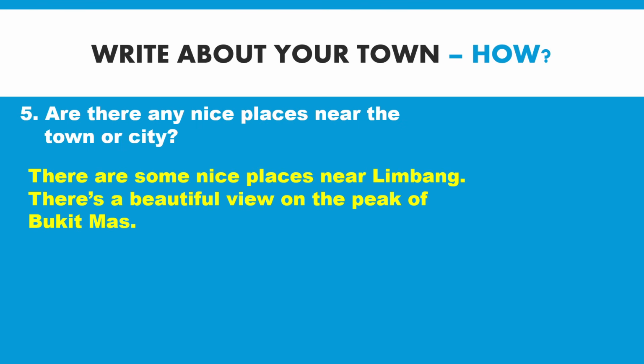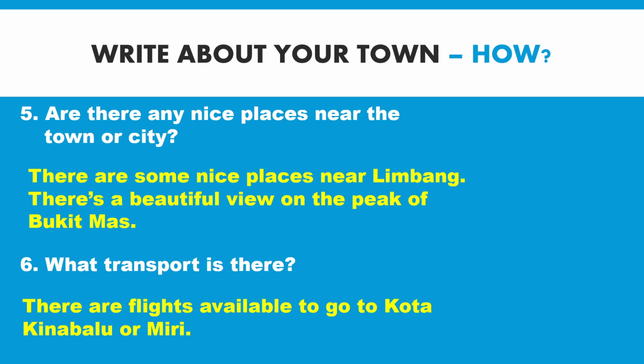So it's a question that prompts you to answer yes or no. But instead of answering yes, I use there are some nice places near Limbang. So what is one of the example? There's a beautiful view on the peak of Bukit Mas. Number 6. What transport is there? There are flights available to go to Kota Kinabalu or Miri. So these answers, I'm going to put them into paragraph 3.